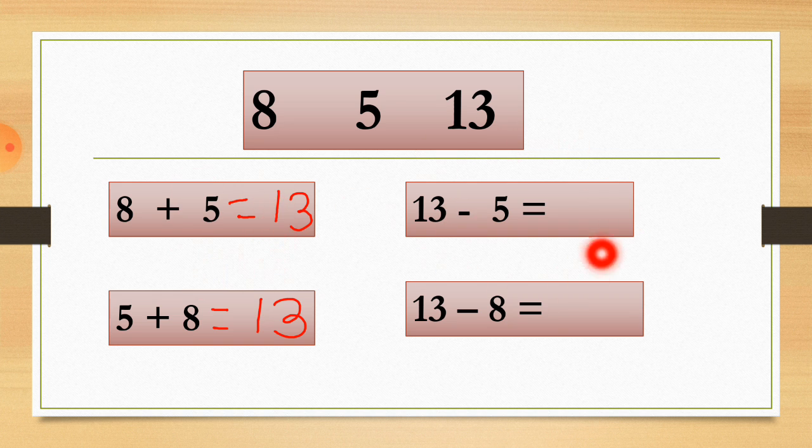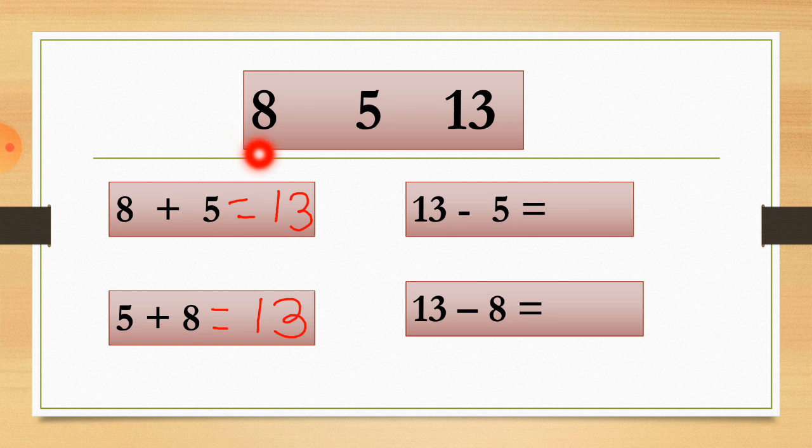Let's move to the subtraction column, students. Here you make 13 circles first. Draw 13 circles first and cut 5 circles from it. So which number will you get as the answer? And if you want to see the shortcut, here is 13 and 5. So which number is left in the family?